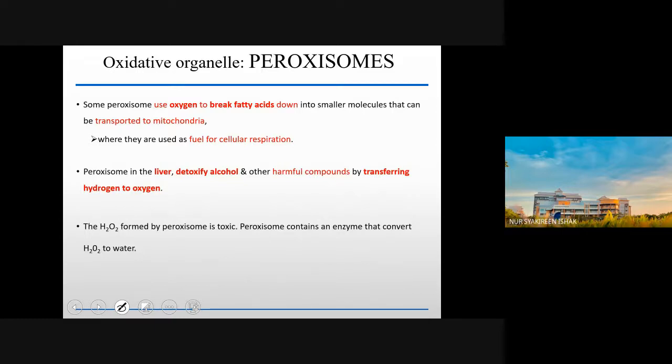And then, for example, here it says some peroxisomes use oxygen to break fatty acids down into smaller molecules that can be transported to mitochondria, where they are used as fuel for cellular respiration. Usually the fuel for cellular respiration is glucose.